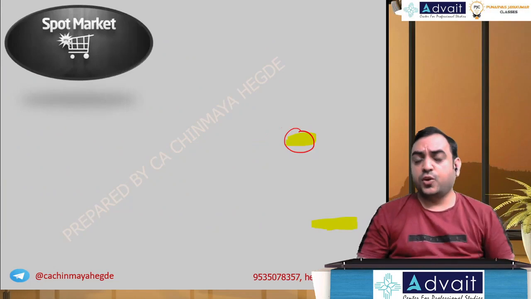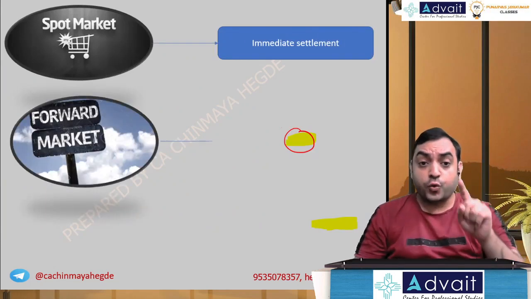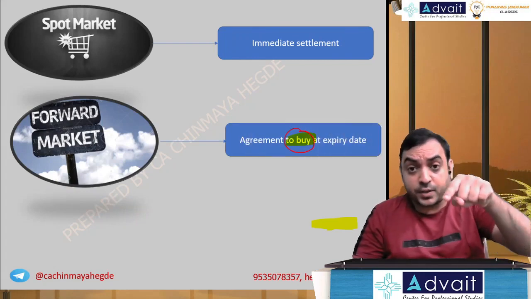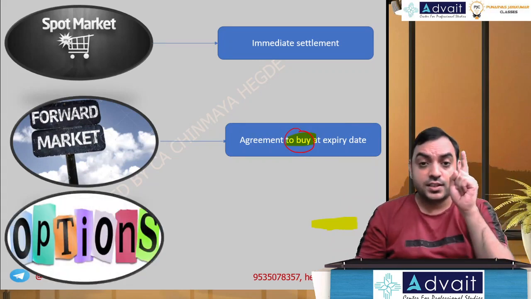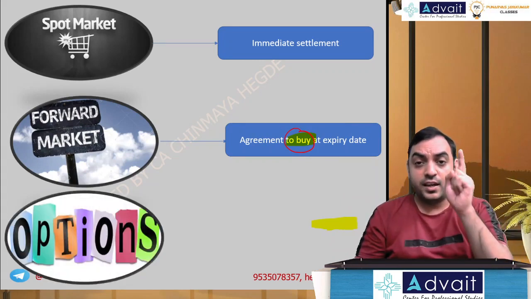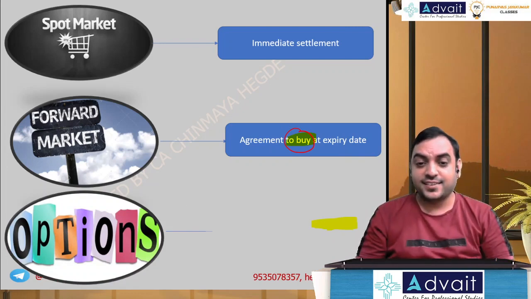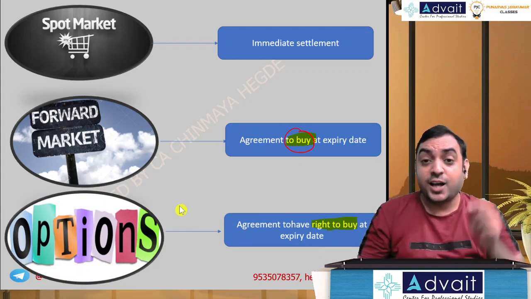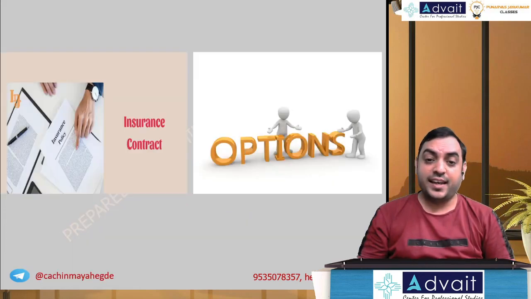Okay. First, take a look at this. In the spot market, it is immediate settlement. In the forward market or future market, it is an agreement to buy at a certain price, and the other party agrees to sell at a certain price. Please pay attention here. In the options market, it is not an agreement to buy, it is an agreement to have a right to buy at an expiry date.